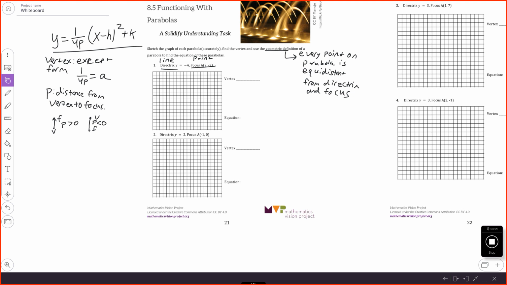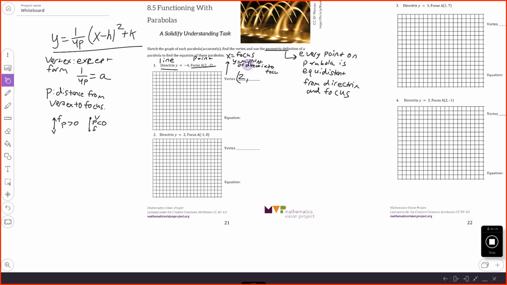So what they want us to do is graph and find the equations. I know the vertex has the same x value as the focus. And the y value is the midpoint of directrix to focus.